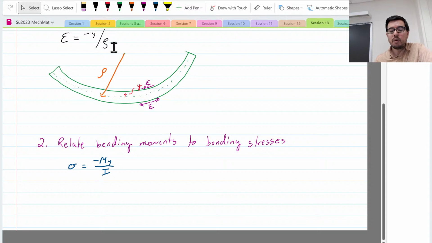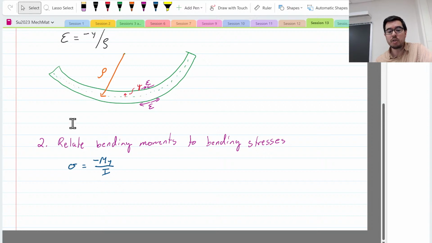Now, unlike what we had in the first relationship, where we're relating strain to geometry only, now the derivation that you'll see in the notes relates the stress that we have to a bending moment. So now we're actually able to relate the bending moment, which is a load on the beam, to a stress.